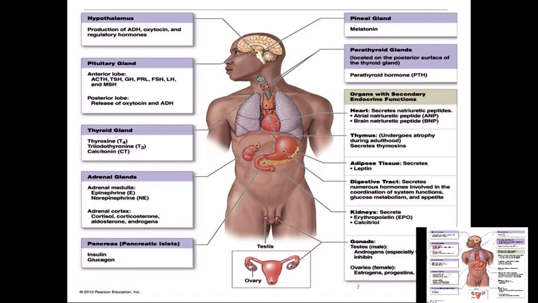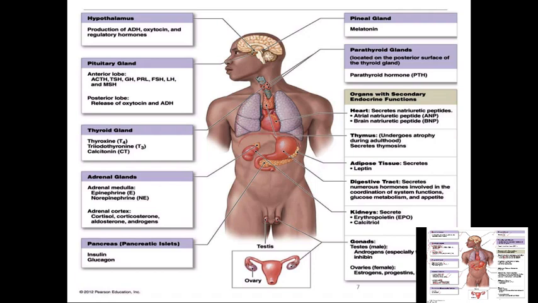Okay, what else do we have? We also have other organs that have endocrine function. The heart secretes natriuretic polypeptides, or natriuretic peptides. One of them is ANP, atrial natriuretic peptide, and brain natriuretic peptide. If you look at that word, natriuretic comes from natrium, and we look at Na, that is sodium. So we're dealing with sodium regulation.